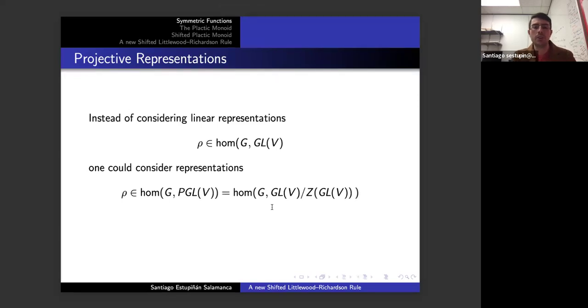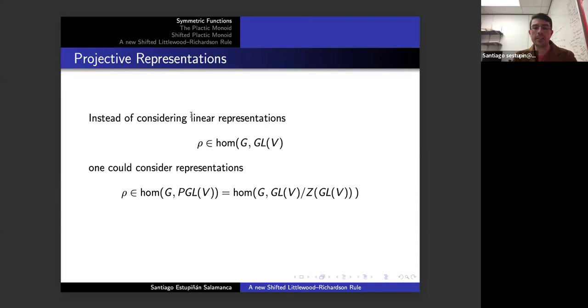Now, all I have said so far is for linear representations. And so what is a linear representation? As you may recall, this is a homomorphism between the group that we are representing and the group of invertible matrices of a certain vector space. But instead of considering linear representations, you can consider projective representations.